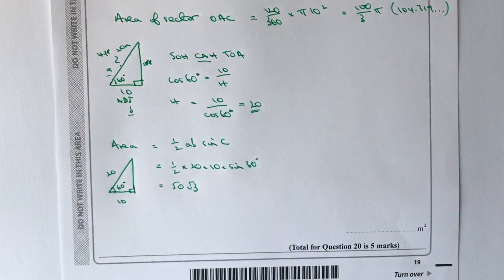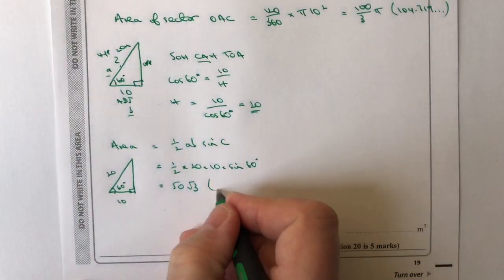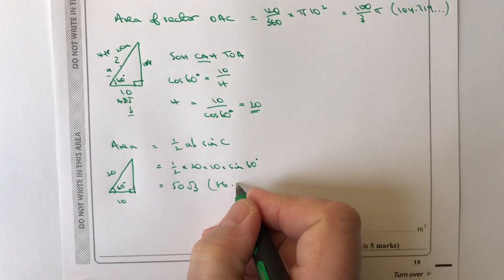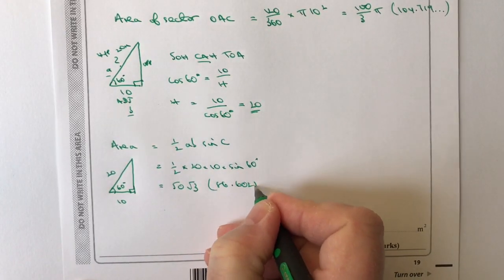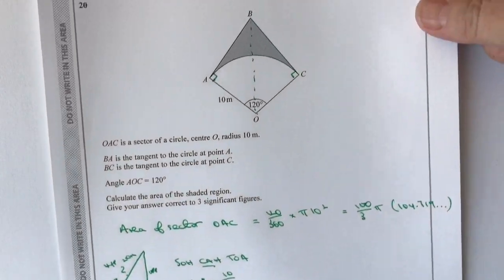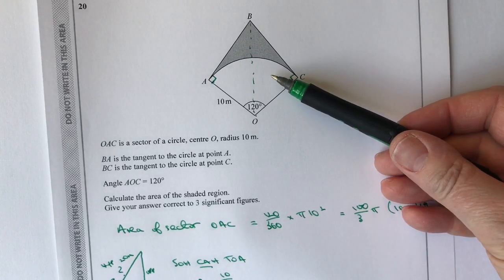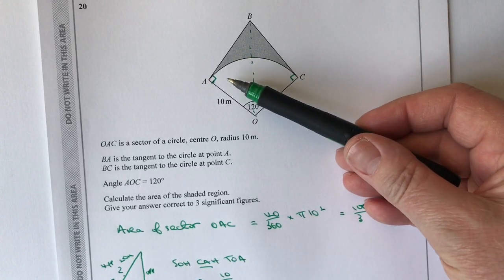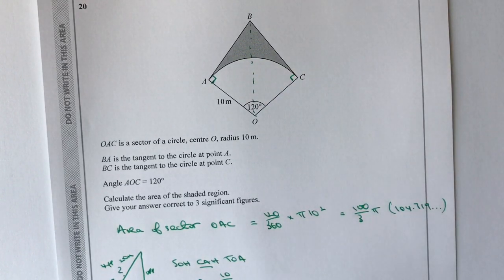Now again, if you want to have the decimal equivalent, that's going to be 86.6025. There are actually two of these triangles side by side. Again, if we go back to the diagram, I've got this triangle which we've been working on, but we've also got this triangle which is exactly the same.